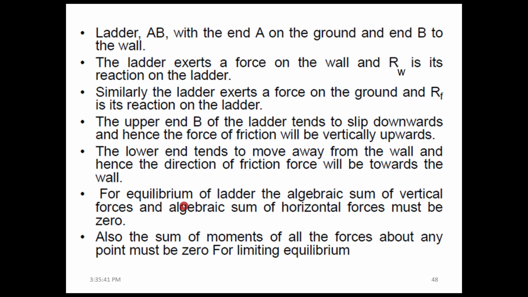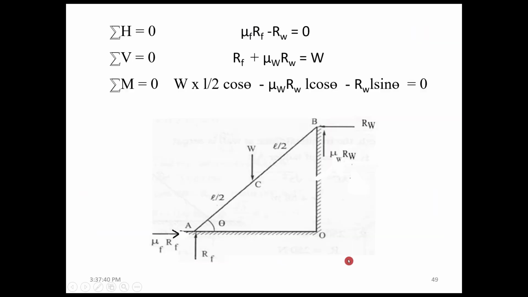The lower end tends to move away from the wall and hence the direction of the friction force is also towards the wall. For equilibrium of the ladder, the algebraic sum of vertical forces and the algebraic sum of horizontal forces must be zero. Also, the sum of the moments of all the forces about any point must be zero for the limiting equilibrium.